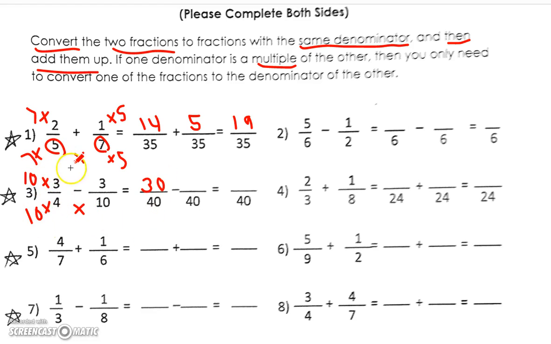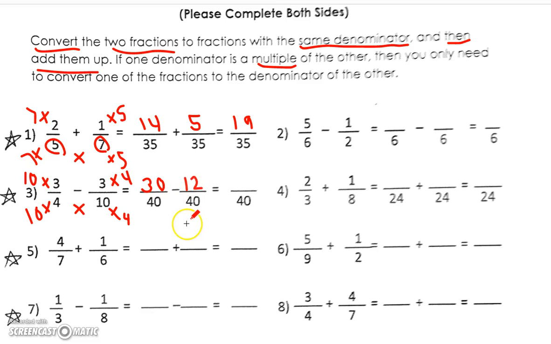So I've taken care of this first fraction. Now I'm going to go over to the second fraction. I know I multiplied 10 times 4, which gave me 40. Again, whatever I do to the denominator, I also do to the numerator. So I'm going to do that up here. 3 times 4 is 12.